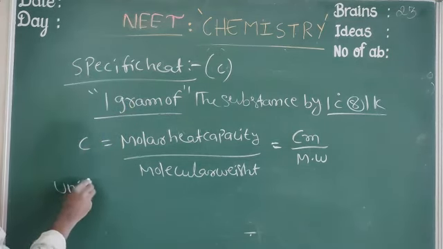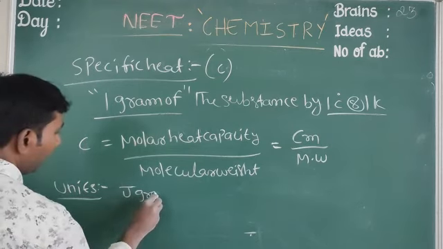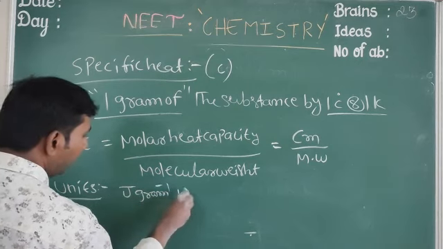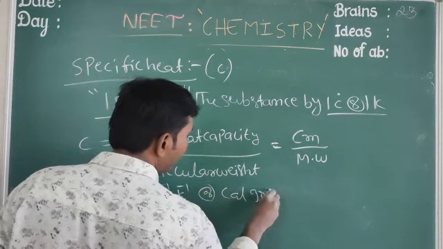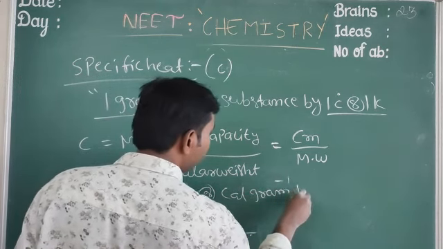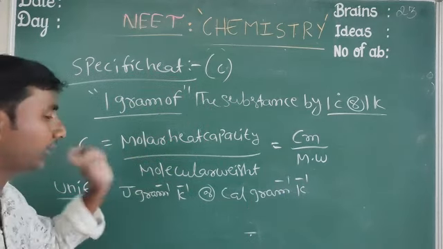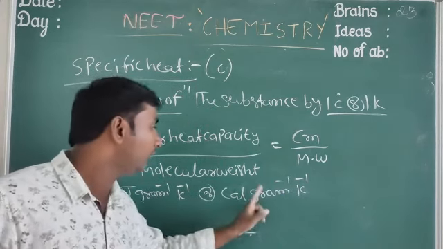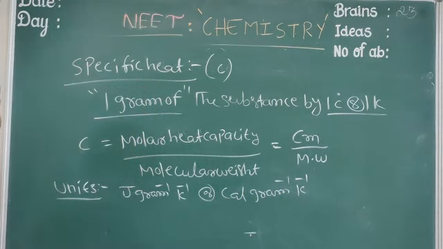Units: joules gram inverse Kelvin inverse, or calories gram inverse Kelvin inverse. This is about the specific heat.